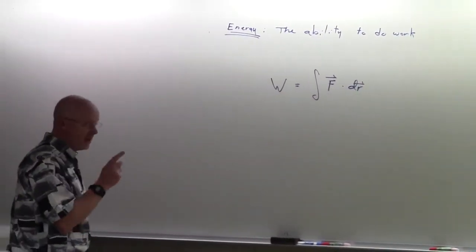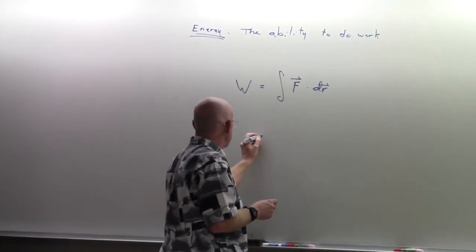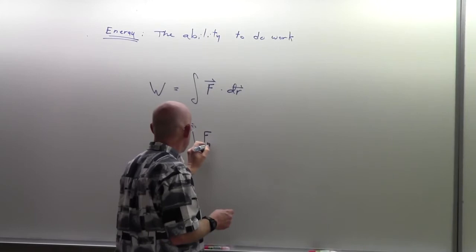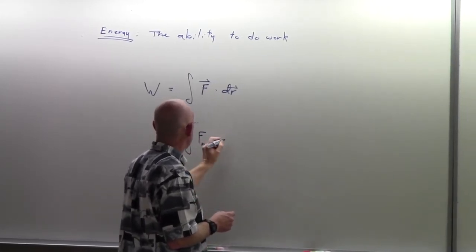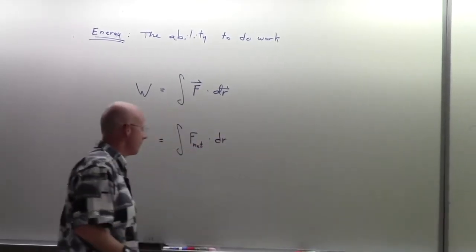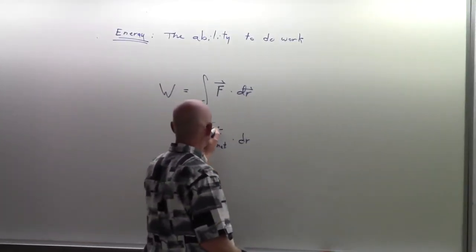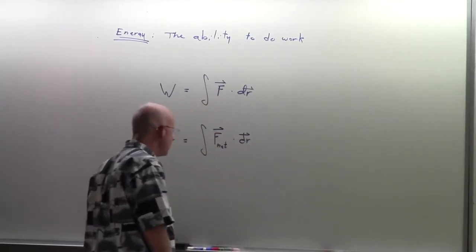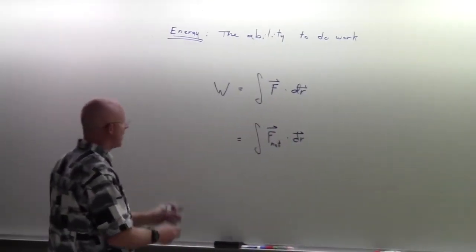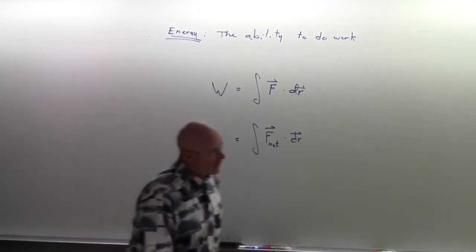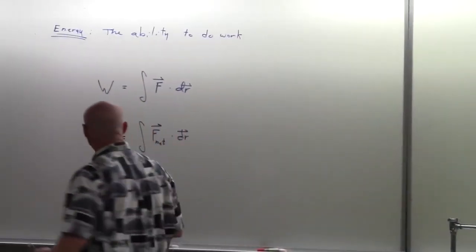Now, let me do this. Let me put net force right there for a moment. And so I'll do that side of the equation. But on the other side of the equation, which we had earlier, and I erased it, we could say, well, the net force is the sum of all the individual forces, right?